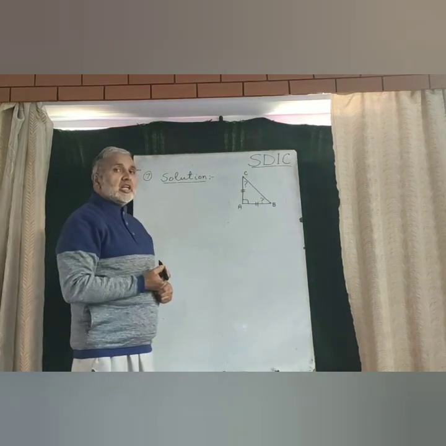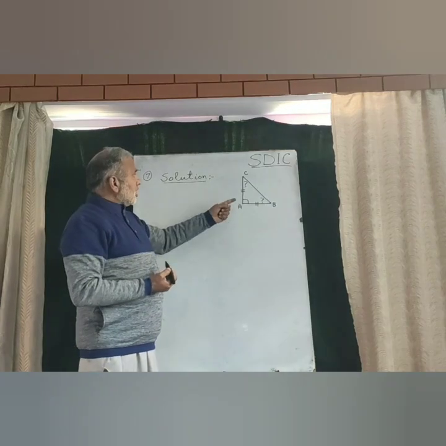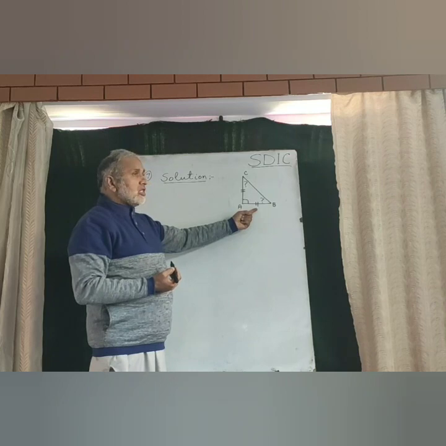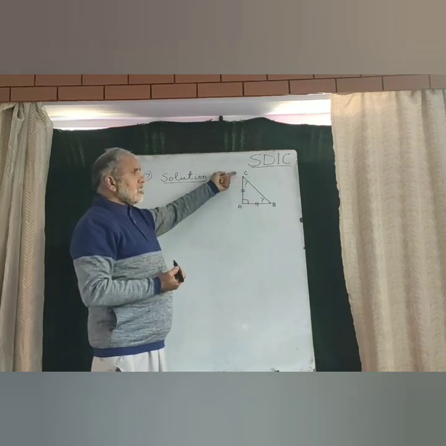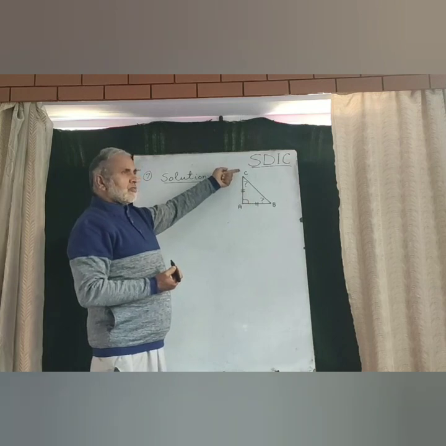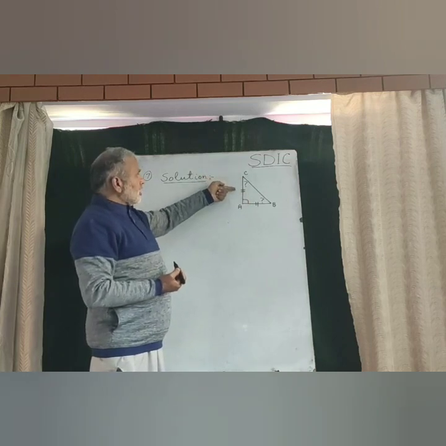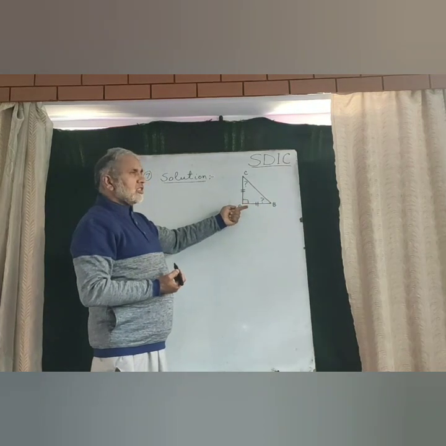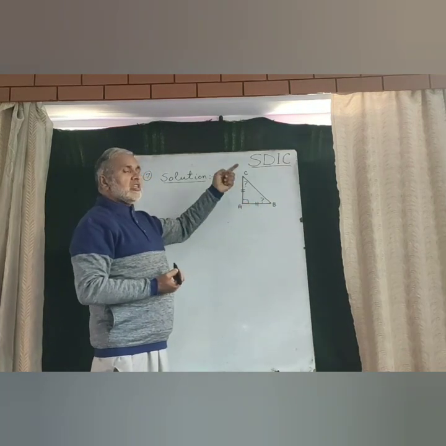That you have to apply here. Now, which are the opposite angles of the equal sides? The angle opposite to the side AB is angle C. And the angle opposite to the side AC is angle B. Therefore, according to that theorem, angle B and angle C will be equal.